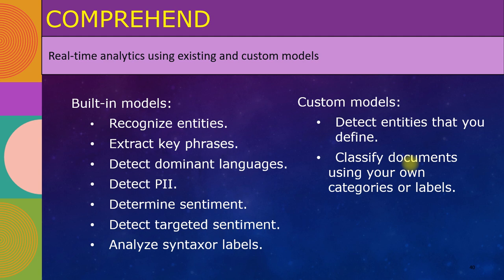Existing models in Comprehend take your paragraph of text and categorize and classify and look at sentiments and look at PII information and basically analyze your paragraphs of text using existing models.